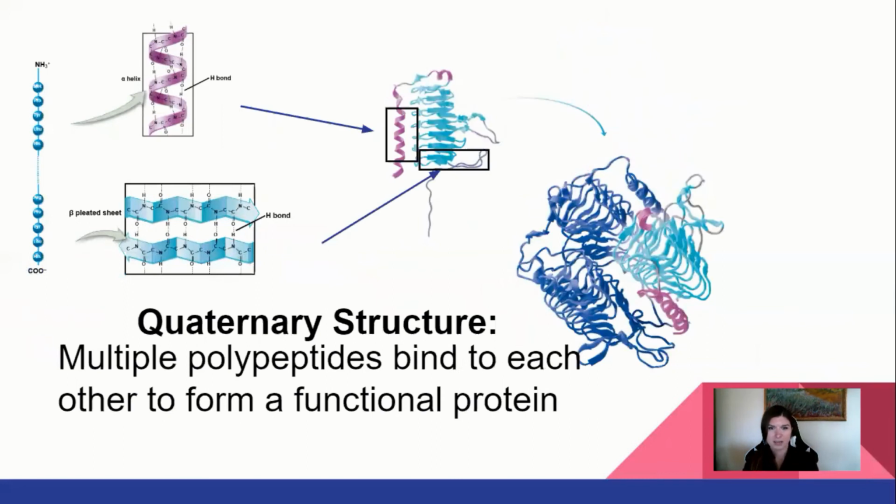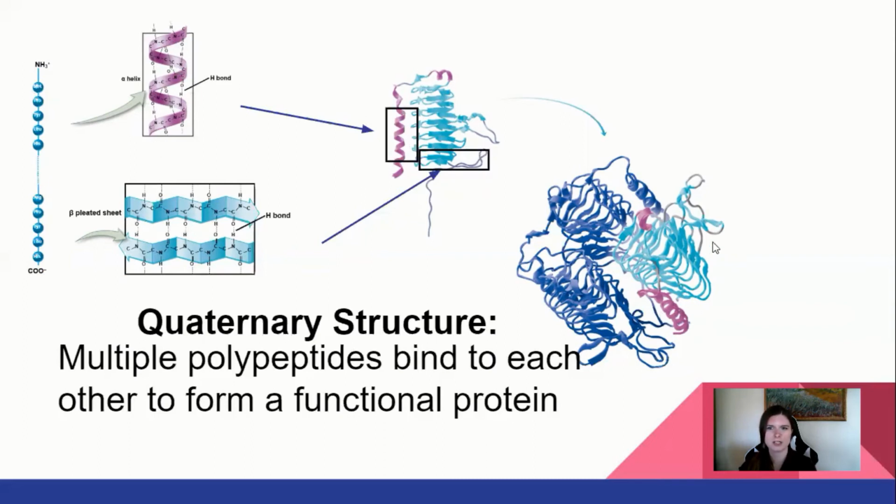The final level of structure that we have, our quaternary structure, so quaternary just means fourth, is when we have many different polypeptides interacting with each other. So in our quaternary structure, here we see our original polypeptide from before, right? So we've actually been tracking this polypeptide. So we tracked it into its primary structure, its secondary structure, its tertiary structure.